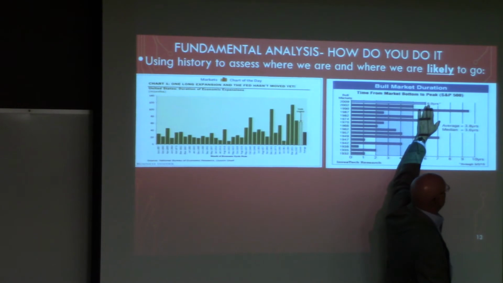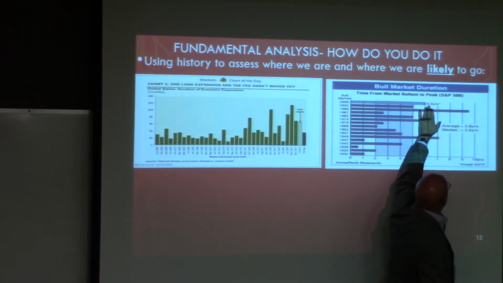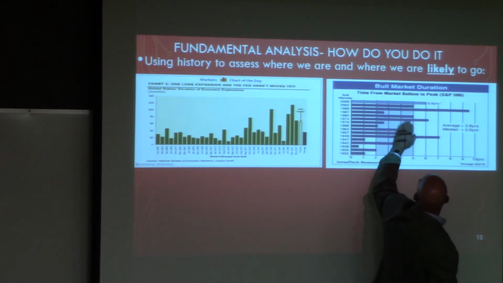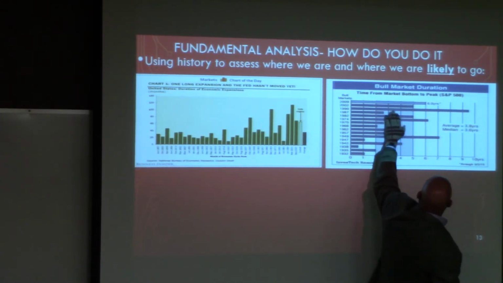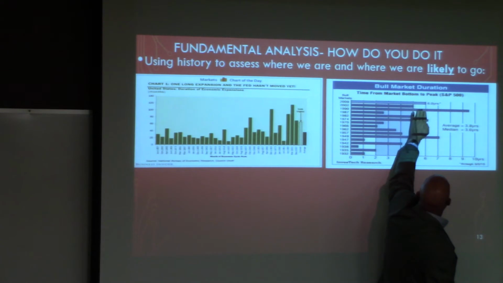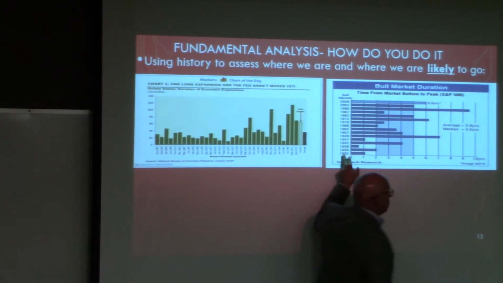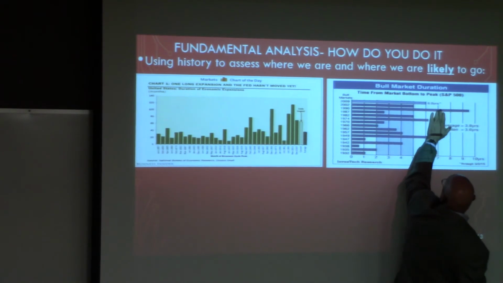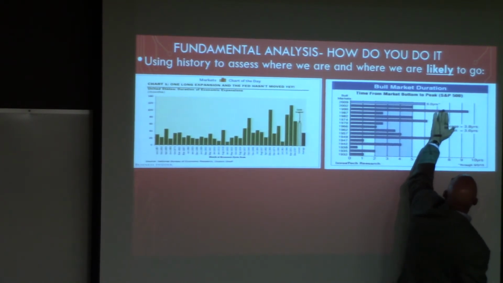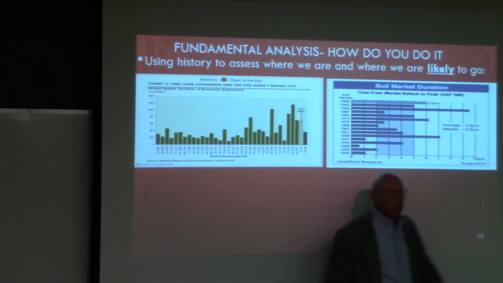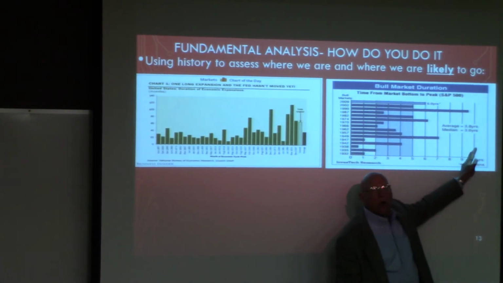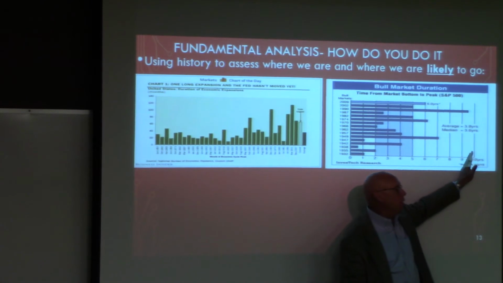Now we've been up for 8 years, going on 9 years. There's been only one other bull market since 1932 that lasted longer than 9 years, and that was in the 1990s. So history tells us, once again, we are late in the game.